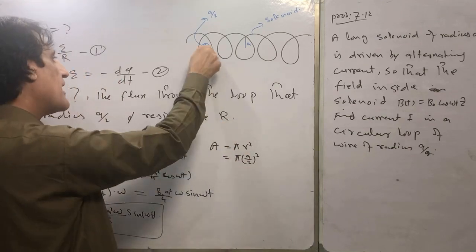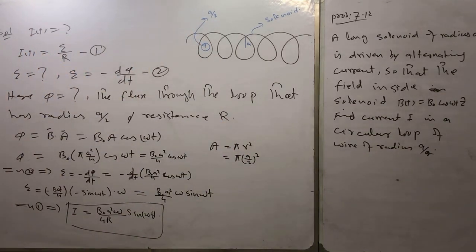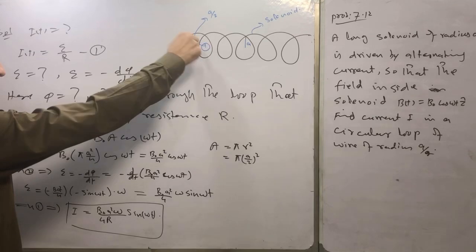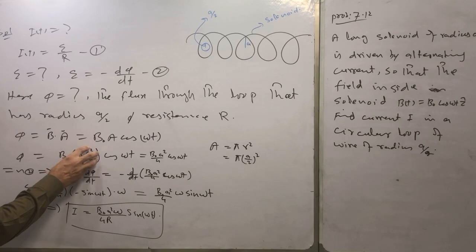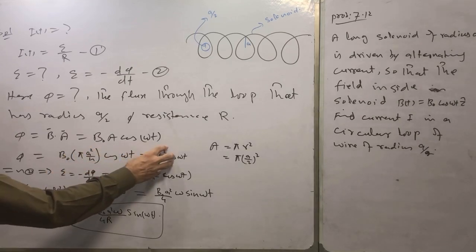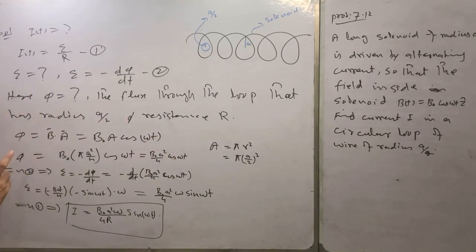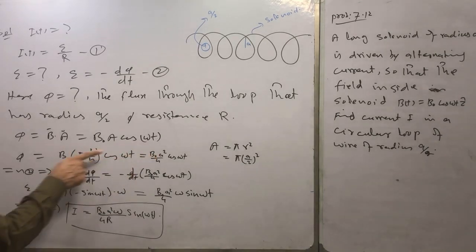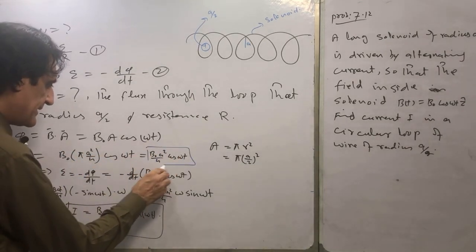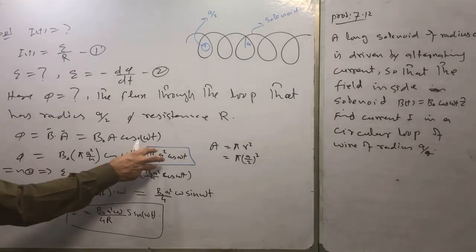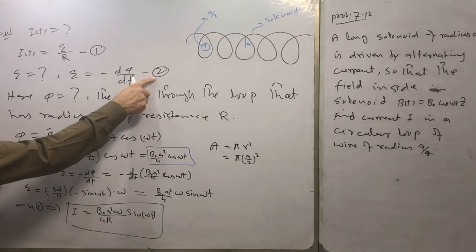This is the area of this small loop. Putting the area, and after some simplification we can find the flux. This is the flux, and then we put the value of flux in equation number 2.